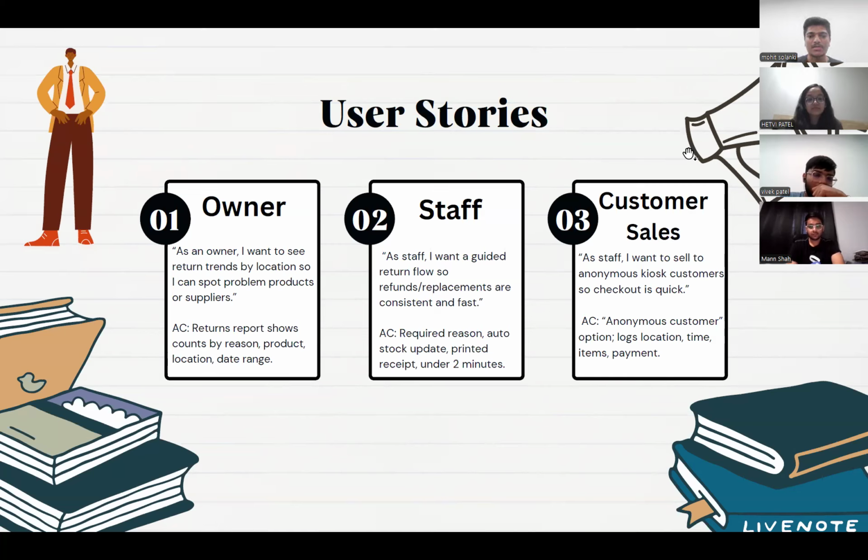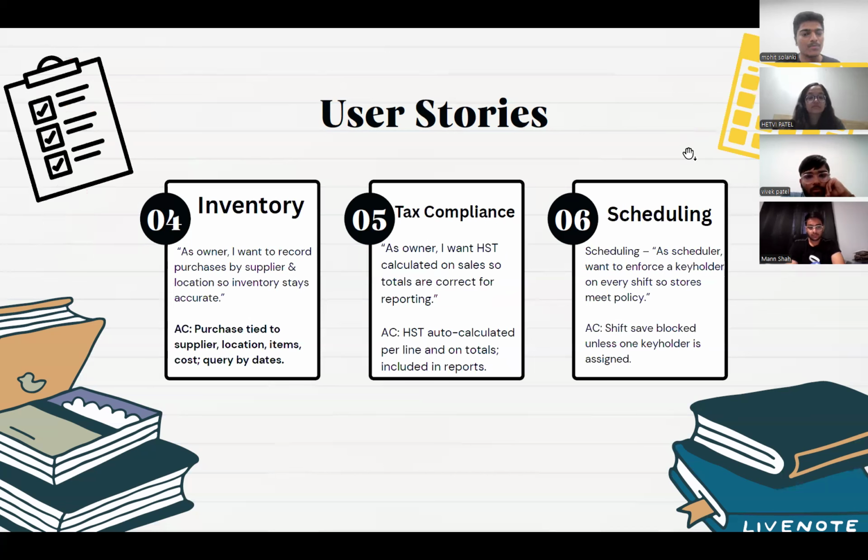For customer sales, as a staff, I want to sell to anonymous kiosk customers, so checkout is quick. Next slide, please. The fourth one is inventory. As an owner, I want to record purchases by supplier and location, so inventory stays accurate.